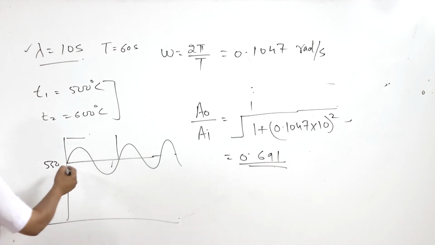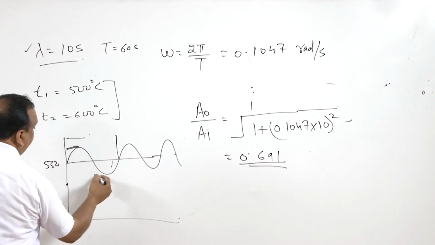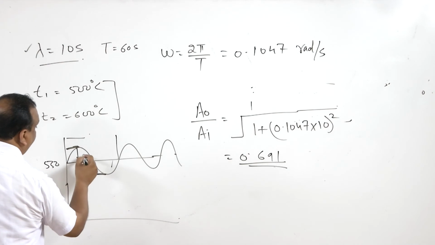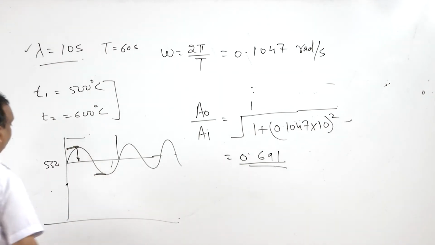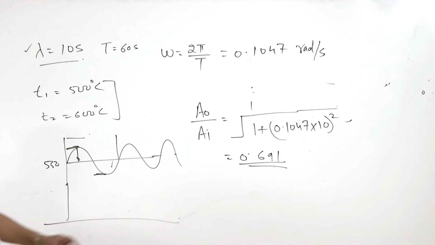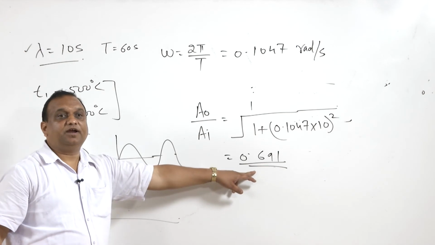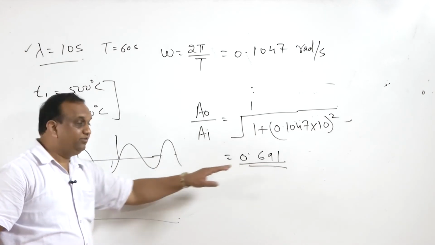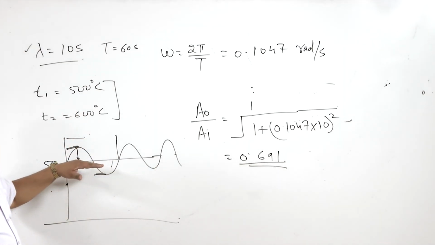Now this value and this value. This is the ratio, so the actual amplitude is 50. Now this amplitude will be reduced by 50 multiplied by this, plus 550, right?